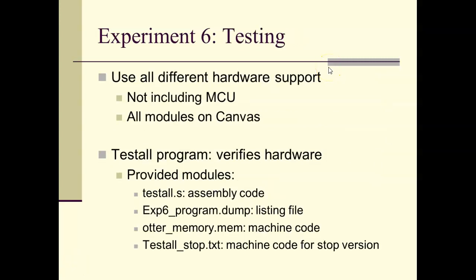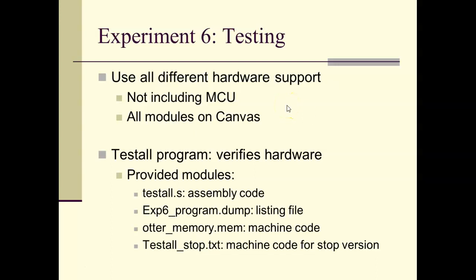Okay, so in experiment 6, you have to be aware that we are using different hardware for this thing other than the microcontroller. Your microcontroller is what you're using from the previous experiment, but the wrapper and everything else is different. Now, this experiment is not mine. This is from the original people who used this experiment, and that's why it's a little bit different.